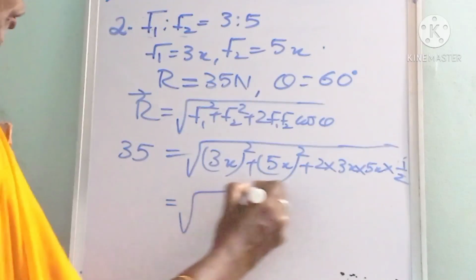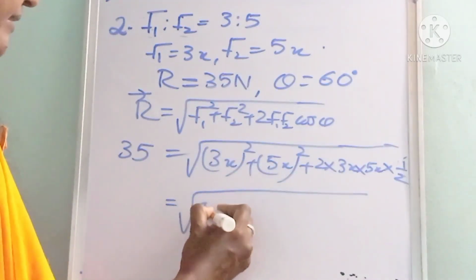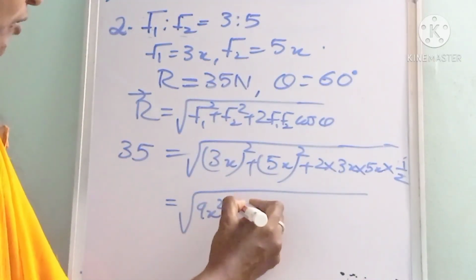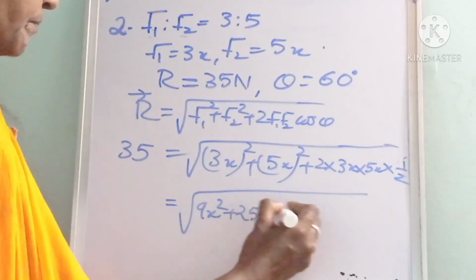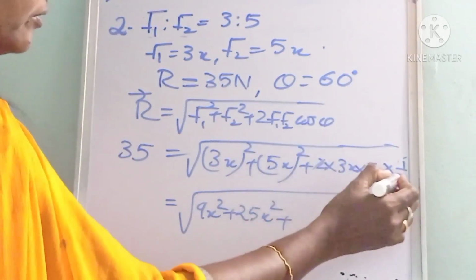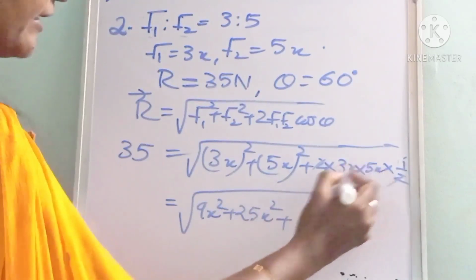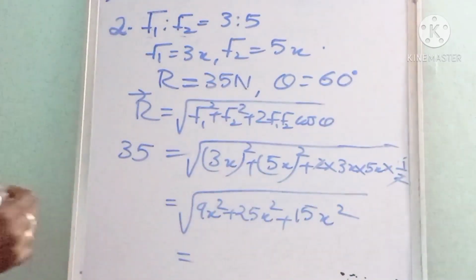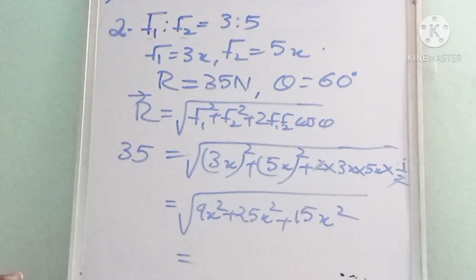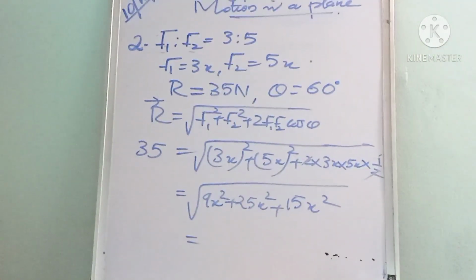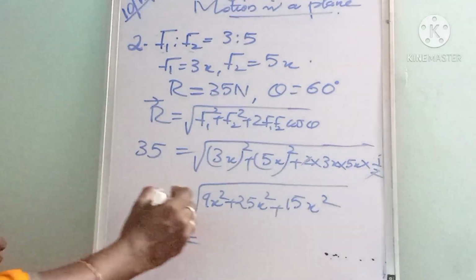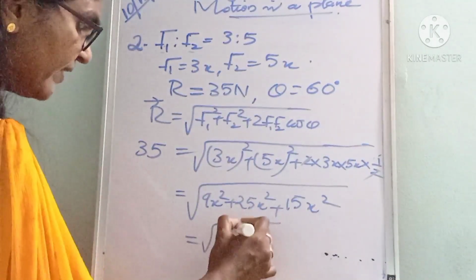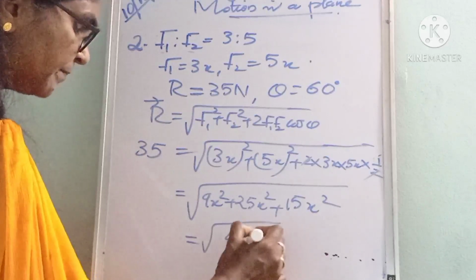Then it is the square root of 9x square, 25x square, plus 15x square, since 2 cancels and 3 into 5 is 15x square. By adding all these we will get 49x square.